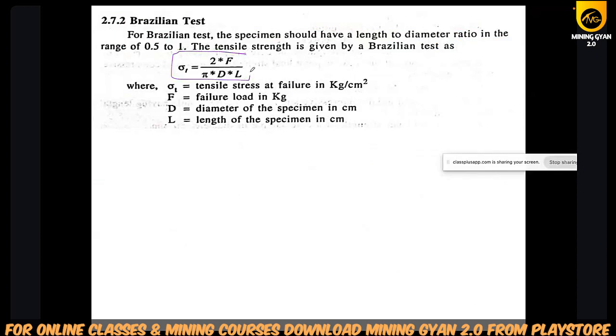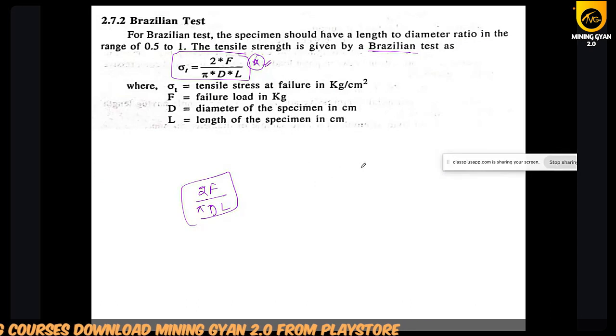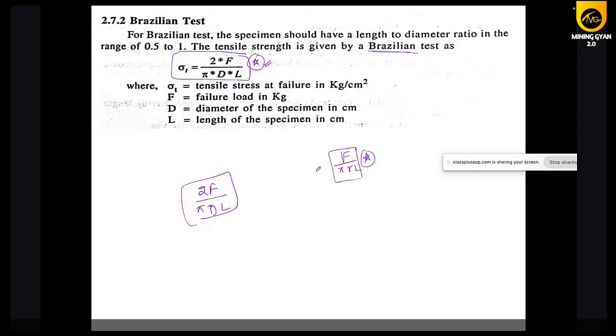If they ask you to find out tensile strength with the help of the Brazilian test, then the formula is 2F divided by pi D L. You can remember it like this also, pi R L. But in many questions they will ask you in the diameter. So this will be your tensile strength.